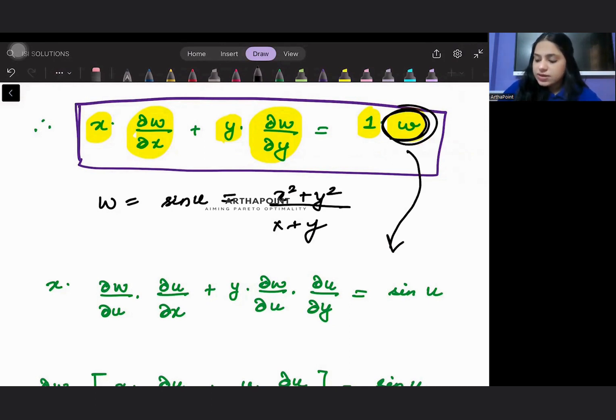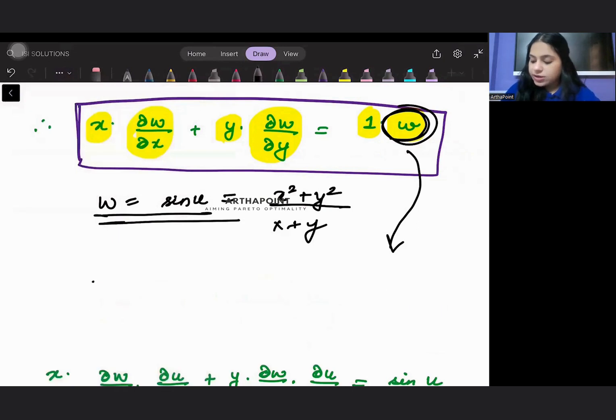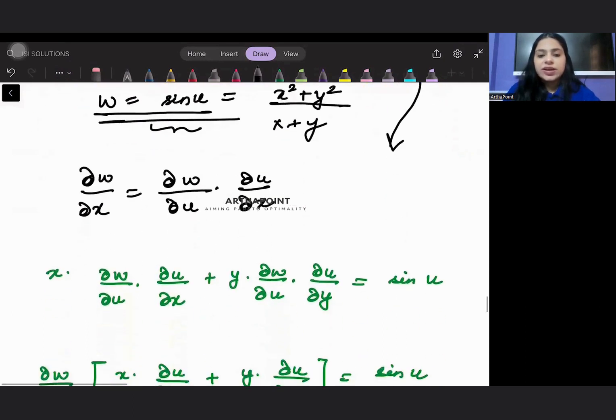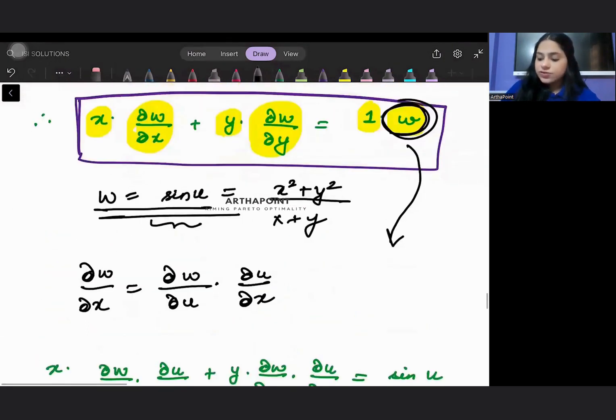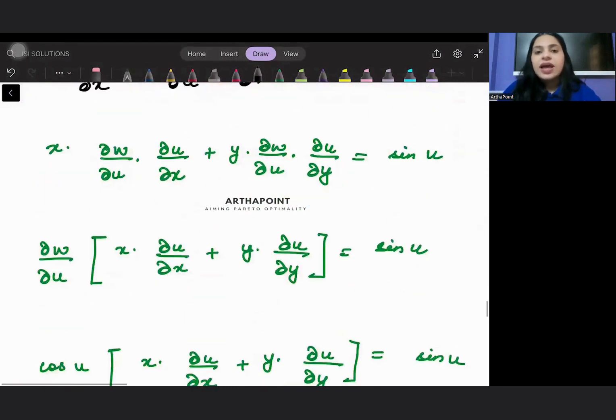Because w is sine u, I have to use the chain rule: to differentiate w with respect to x, it is like differentiating with respect to u and then u with respect to x. So w is differentiated with respect to u.